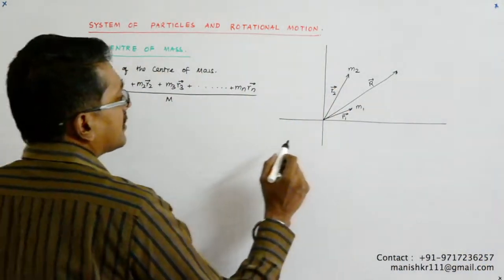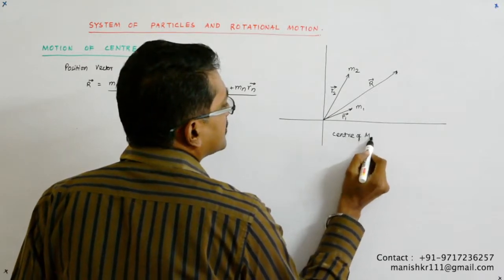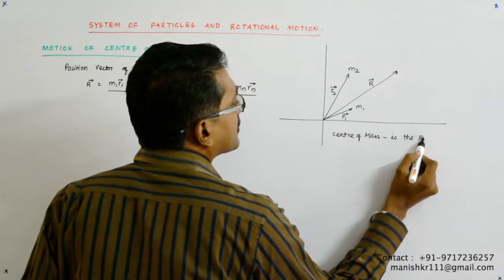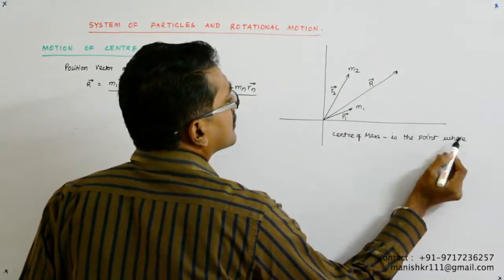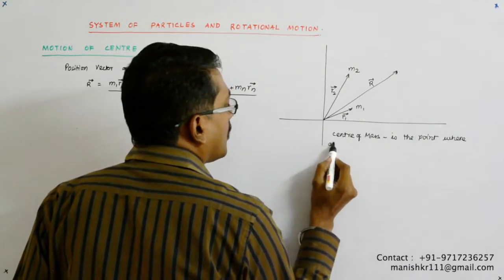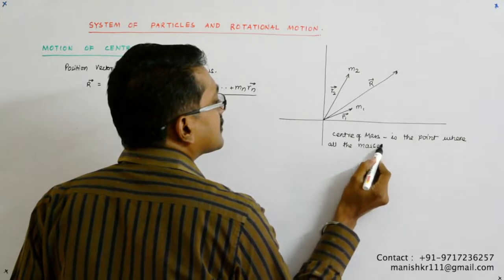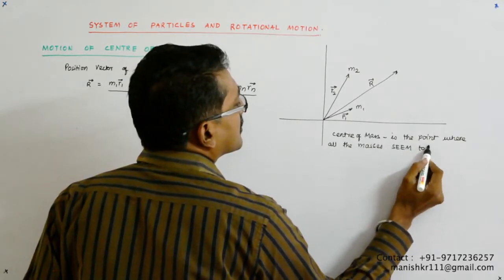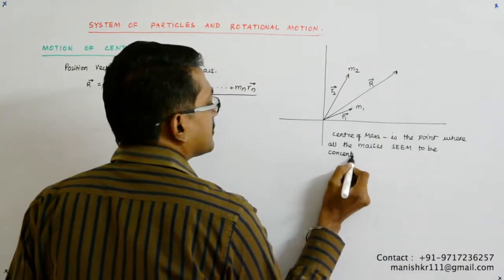Center of mass is the point where all the masses seem to be concentrated.